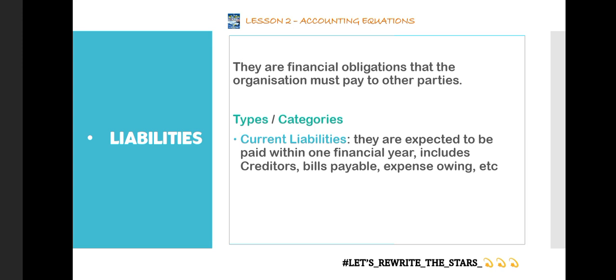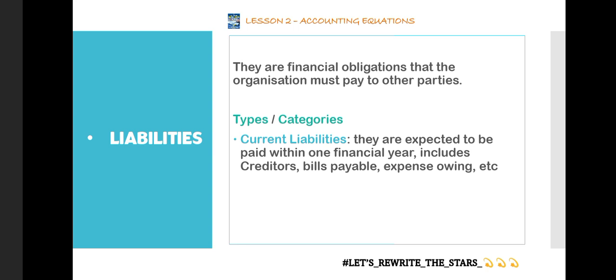We have the current liability, just like we have current assets. If current assets were expected to be converted into cash within a financial year, current liabilities are expected to be paid within one financial year. With assets we were expecting those monies, but with liabilities we are supposed to pay those monies within the financial year.